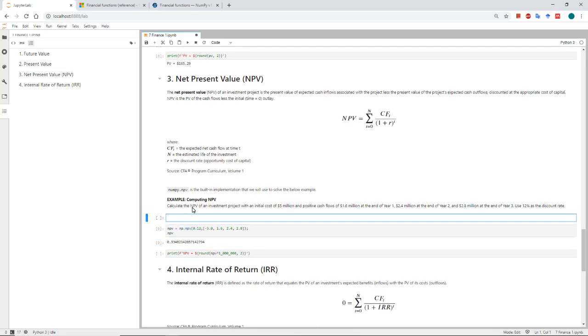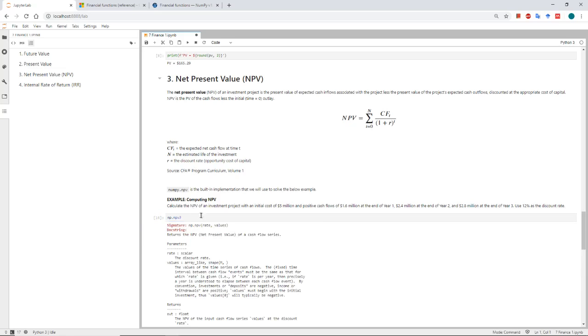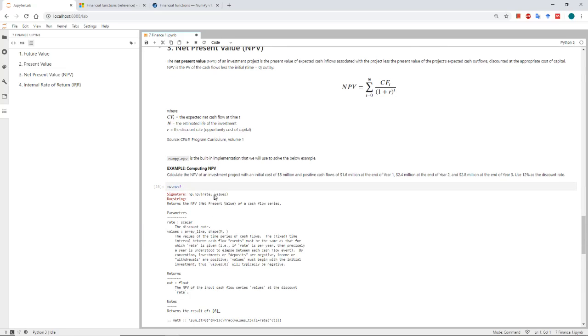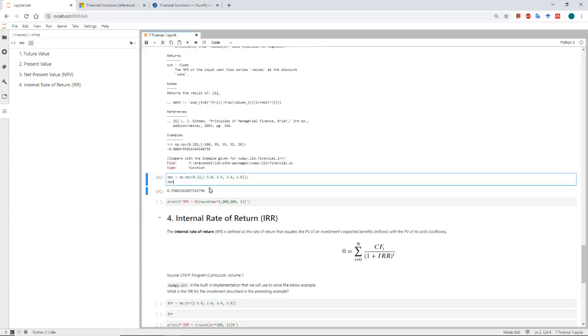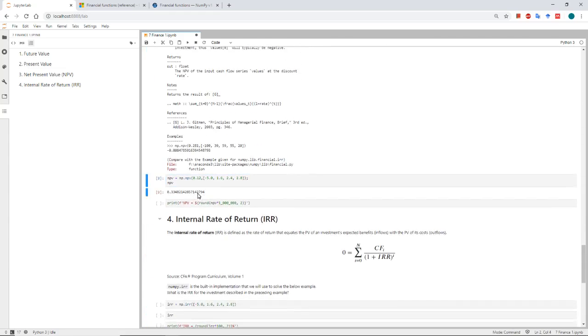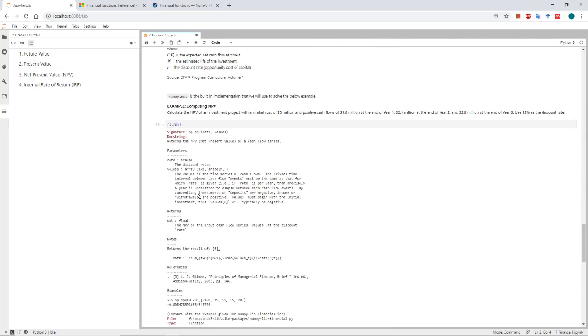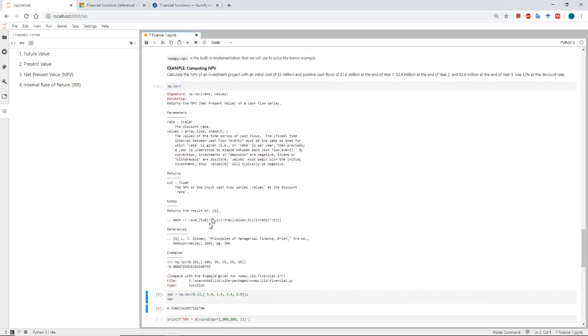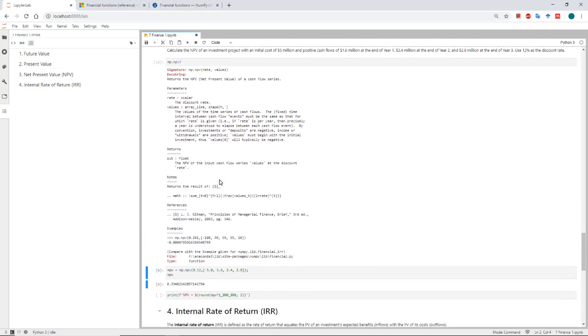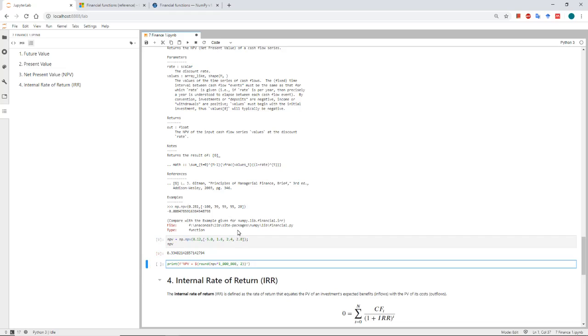We could take a look at the signature as well, as we did for the others. It's just rate and then values, array-like, where the rate is the discount rate. So it takes in two arguments, pretty straightforward, and then it returns the NPV. It's 0.33.